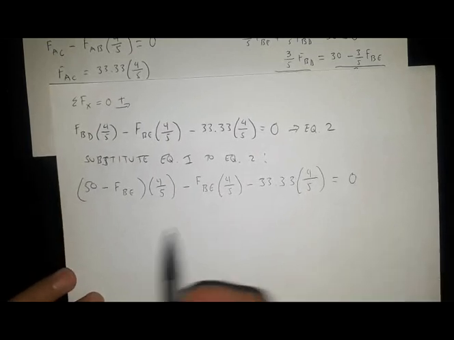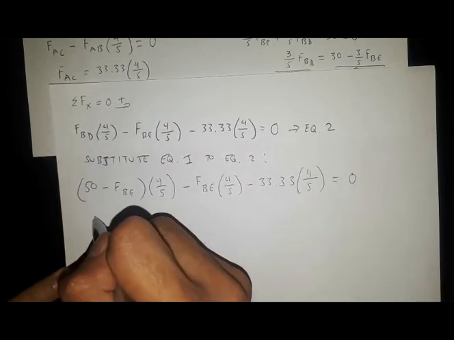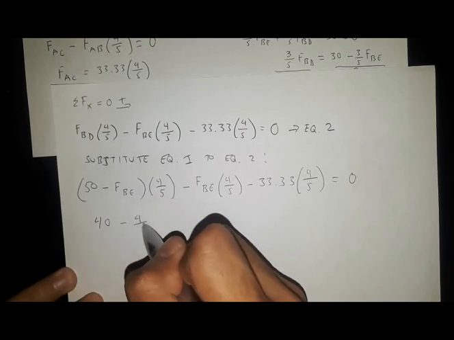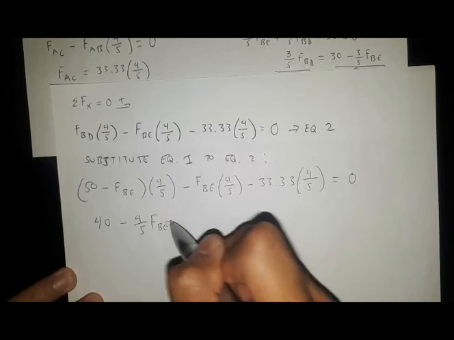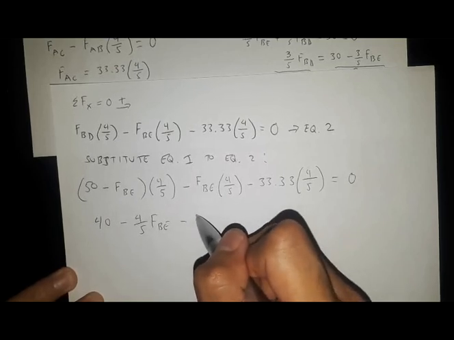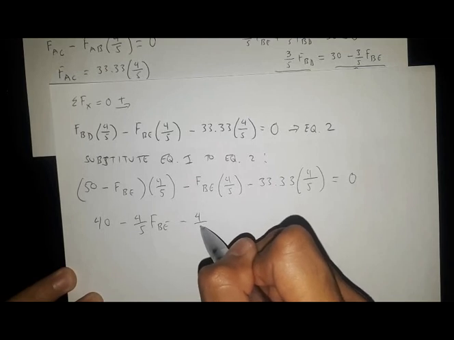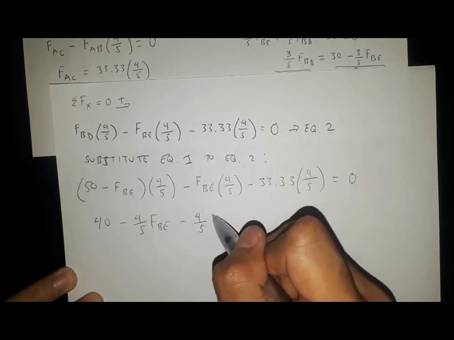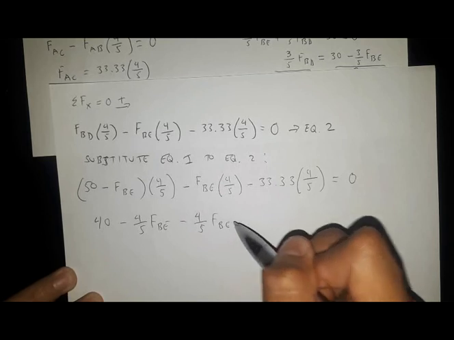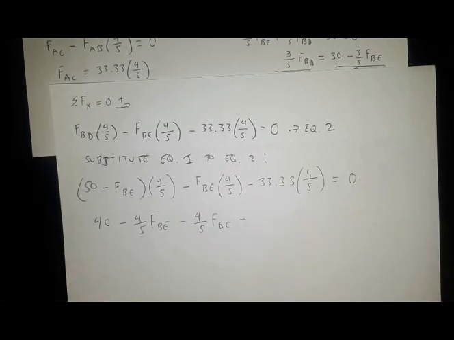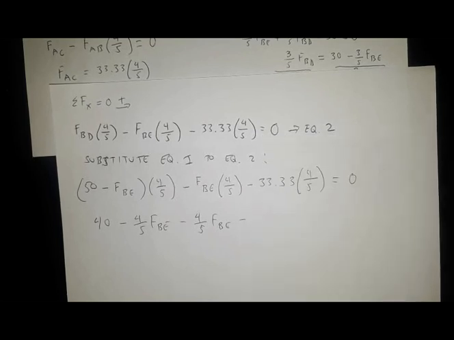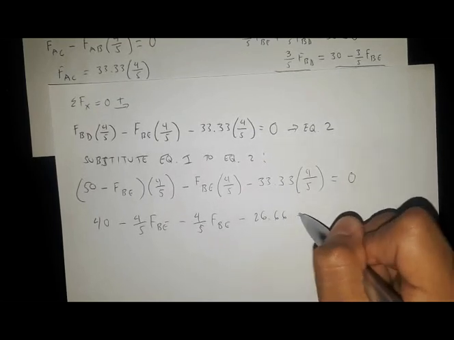So let's simplify. We have 40 minus 4/5 FBE minus 4/5 FBE minus 33.33 times 4/5, which is 26.66, equals 0.